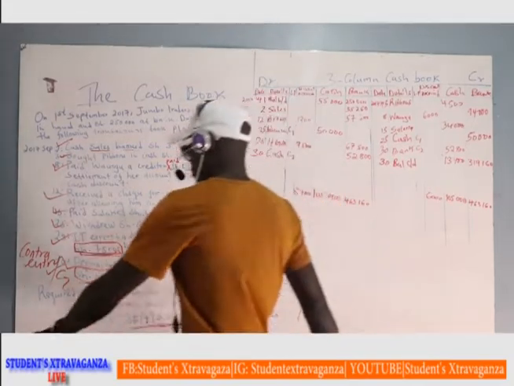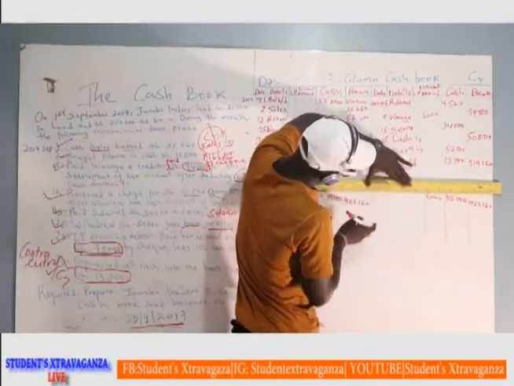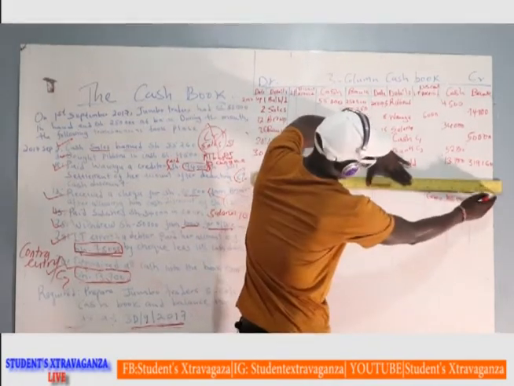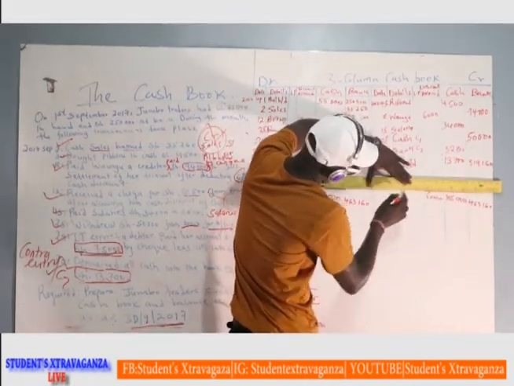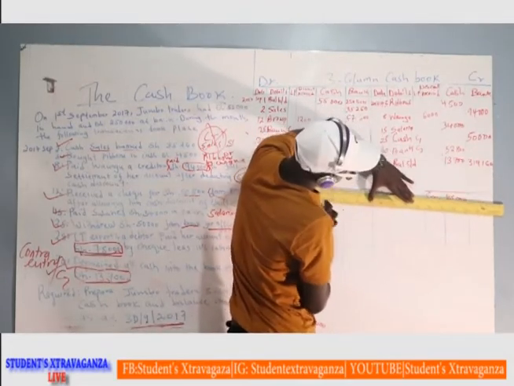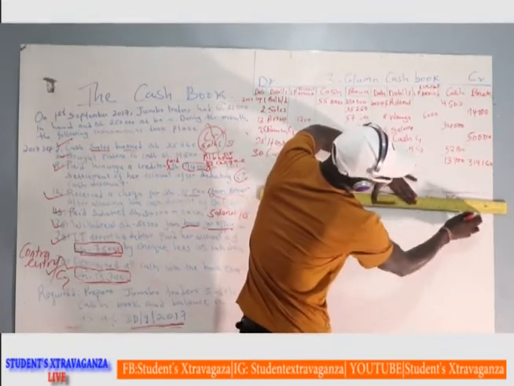Let us close it. Let us draw a line. We want to balance this. We have to do this for us to show that it is balanced.